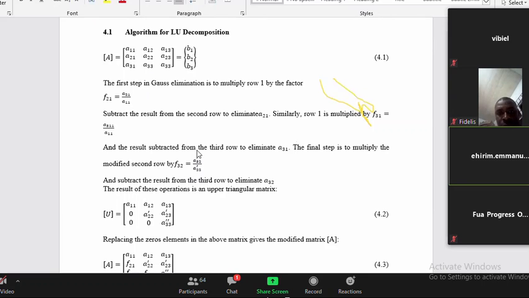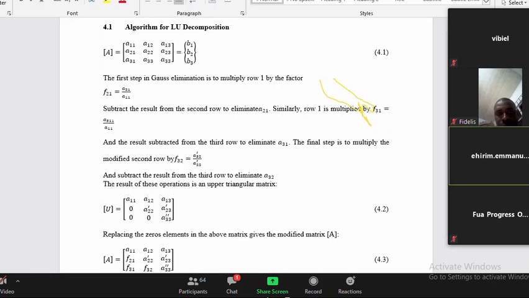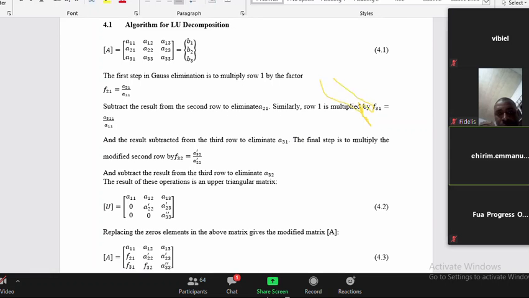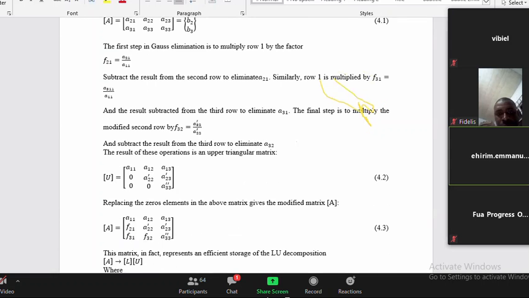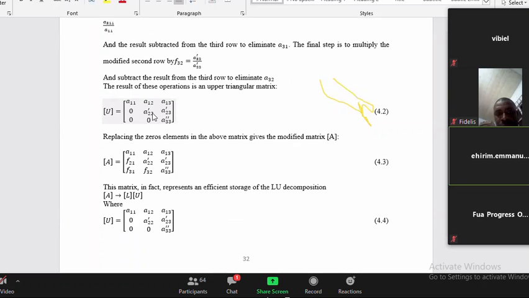That's what we had here. And we're able to eliminate the X2 from here. So we had a triangle that we're seeing here. So A11, A12, A13, A22 prime, A23 prime, A33 prime. So this is the upper triangle we are talking about.